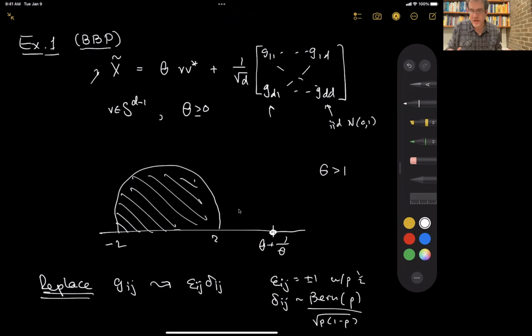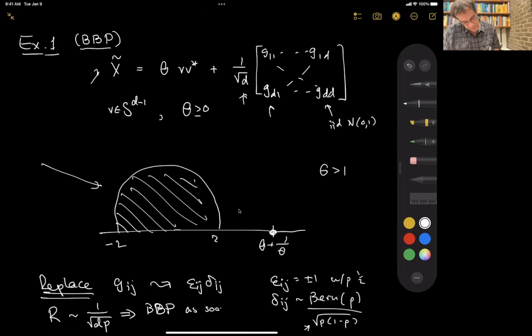Now, in this case, what is the size R of the entries? This is of order 1 over square root of d times p. The square root of p comes from here, the square root of d comes from there. Therefore, if you just plug this into a universality result, you get exactly the same BBP transition. So you get exactly the same picture that I'm showing you over here.